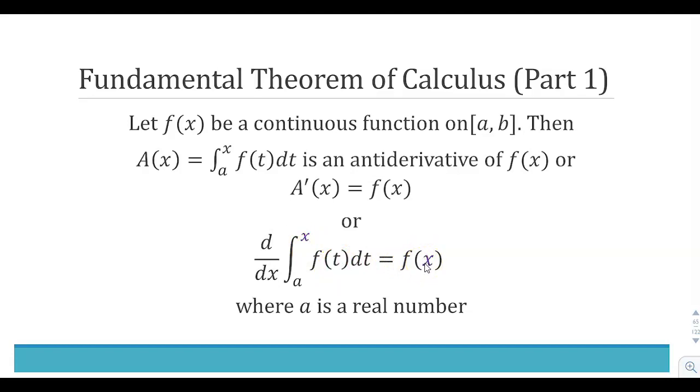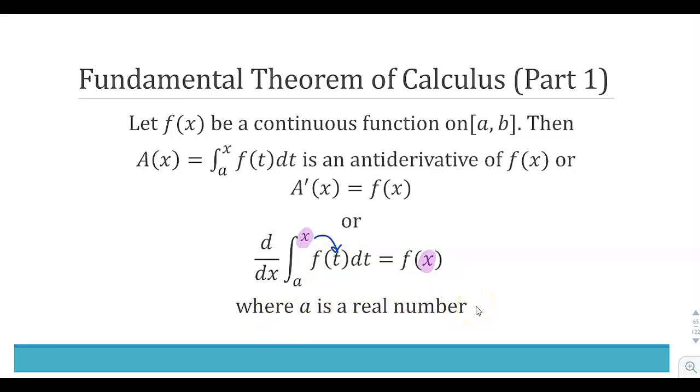So if you notice what's happening, the upper limit of integration, the variable in our accumulation function, simply replaced the input of the f function, the dummy variable. So the x just goes right ahead and goes into the integrand into the dummy variable. And a has to, of course, be a real number.